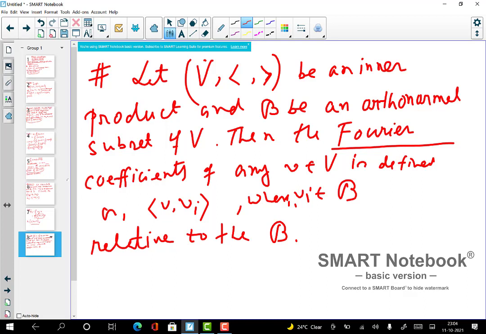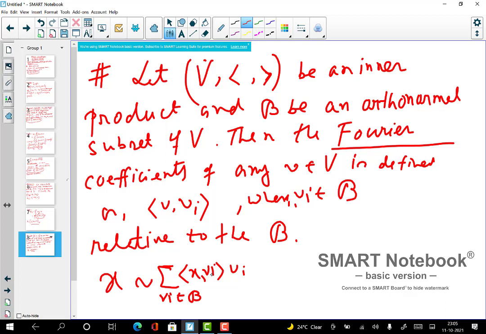You say that x, which is actually finite dimensional, is approximately or asymptotic to this infinite sum of x with vi times vi, where vi belongs to B. Okay, so if this sum is finite, then it converges obviously. Then they are equal actually. If the sum is not finite, then the sum converges to x. So that means you can make the difference between x and that very small. Okay, in that sense.